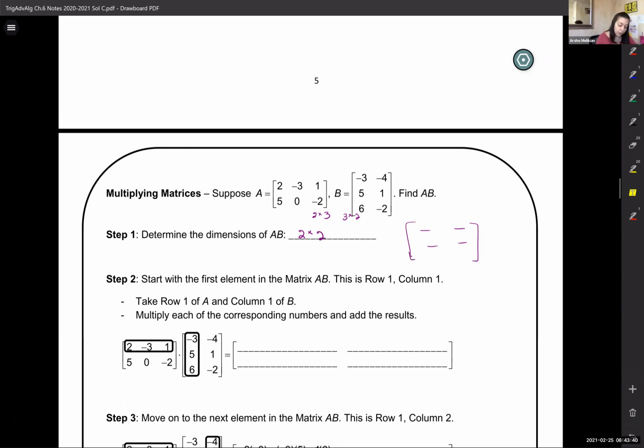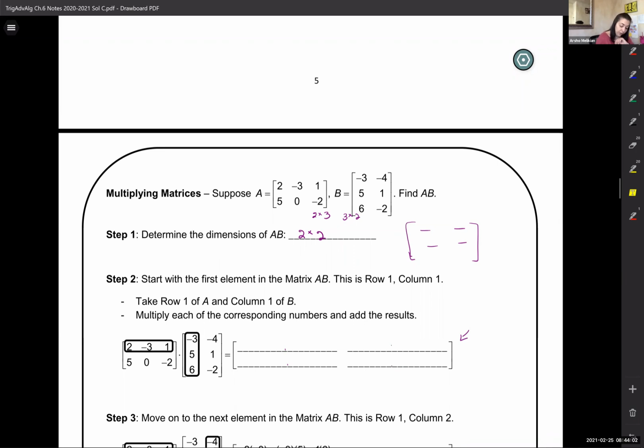Okay, so what you do is this. You first draw a skeleton of a 2 by 2 matrix like I've done here, right? That's this one here. You see how I've got a 2 by 2 matrix, right? 1, 2, 1, 2, okay?